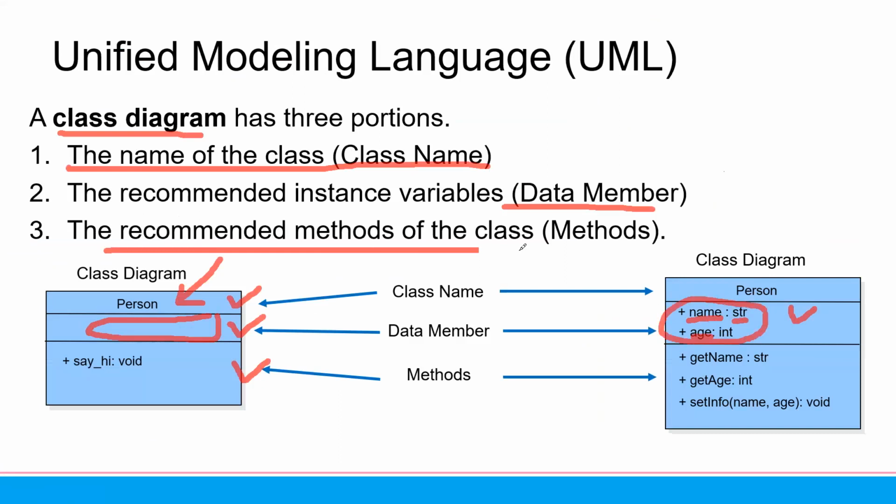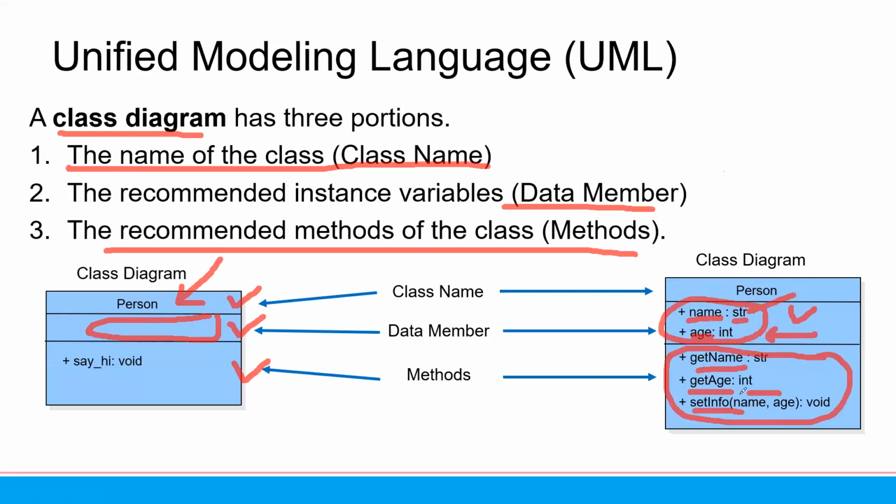And the last one is methods. Methods means functions, and these functions will do something. For example, I want to get the name, so it will call the name. I want to get the age. I want to set other information.